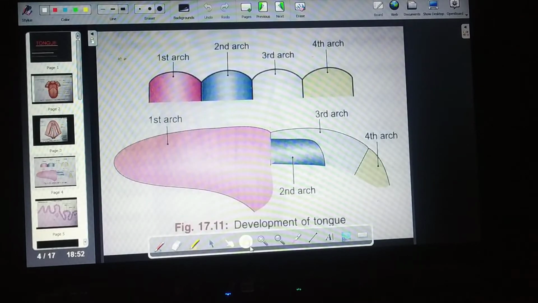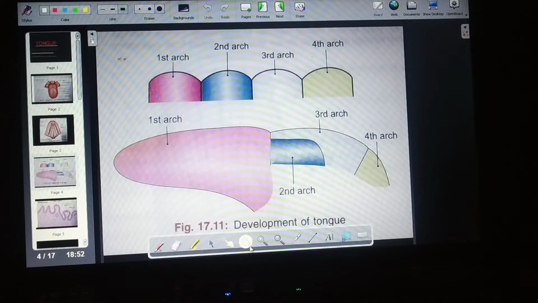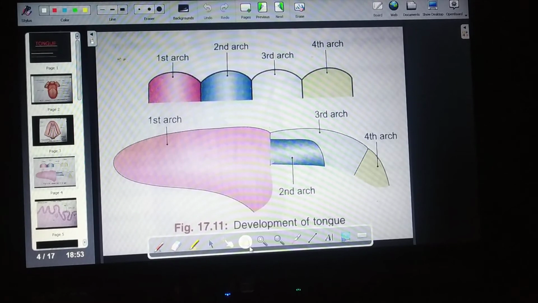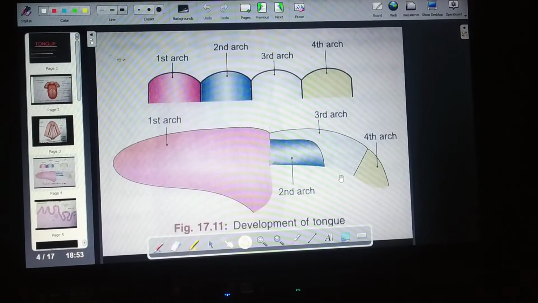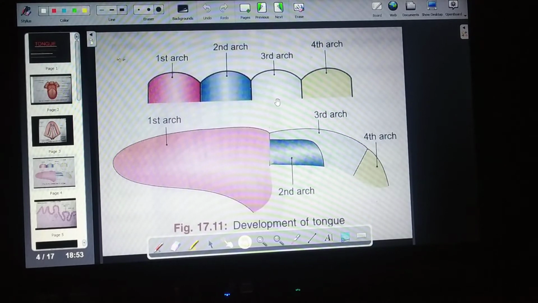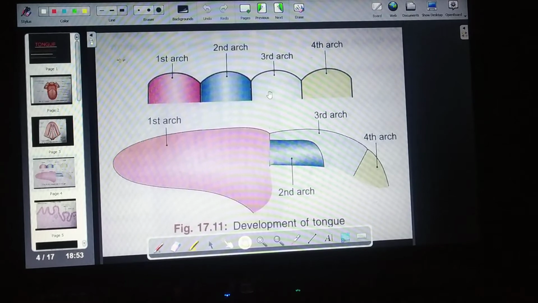Next, this is a diagram representing the development of the tongue. The tongue develops basically from the first, third and fourth arches. The first arch is like this, the second has a minor role, then the third arch and fourth arch. From the first arch there is formation of two lingual swellings, whereas the foramen cecum and tuberculum impar are present there.